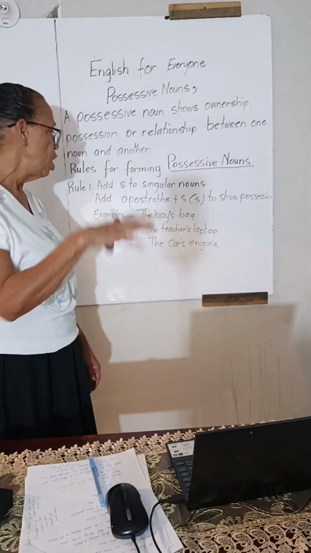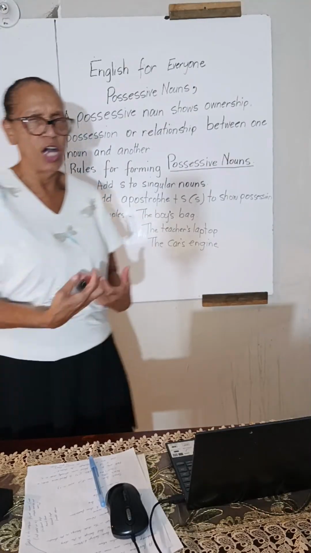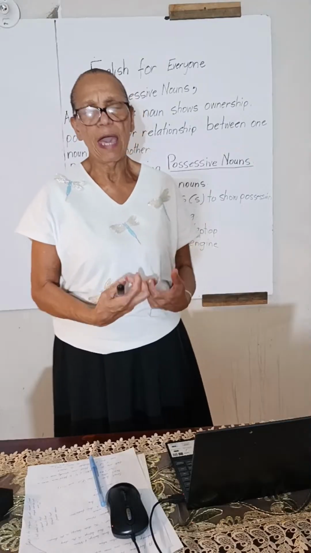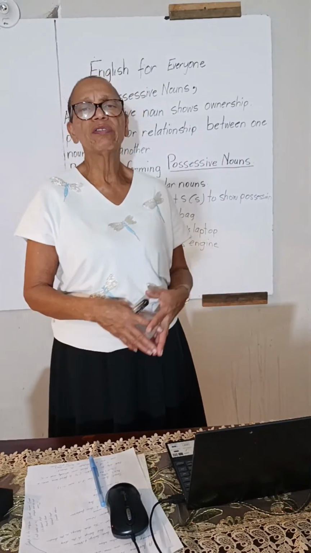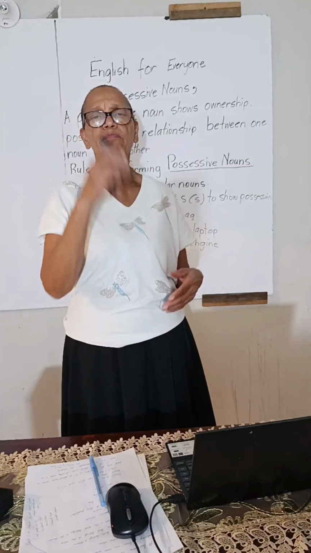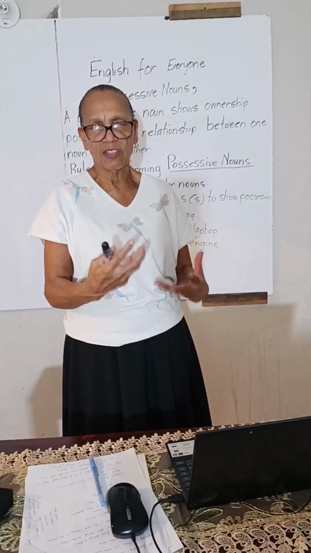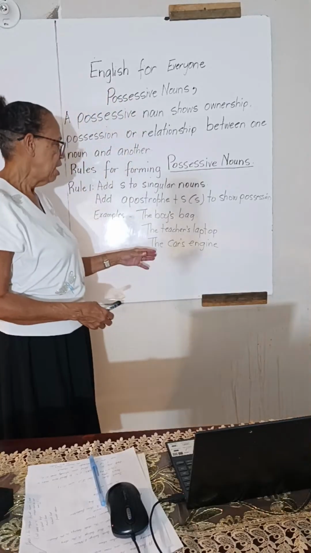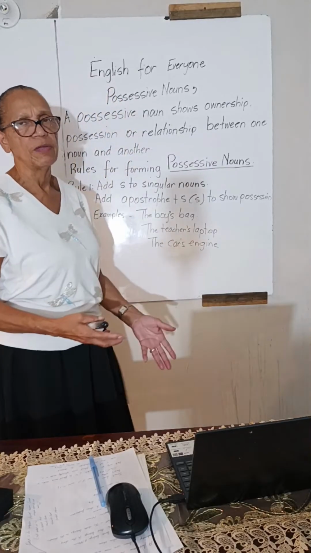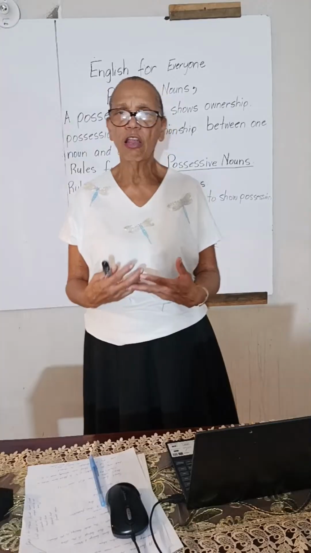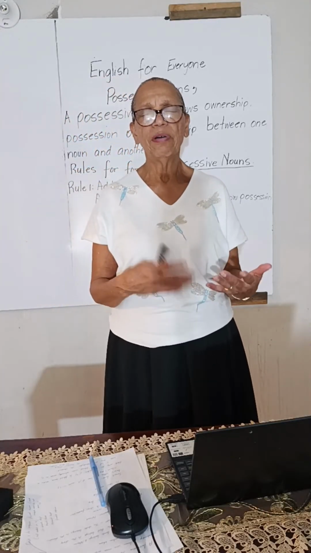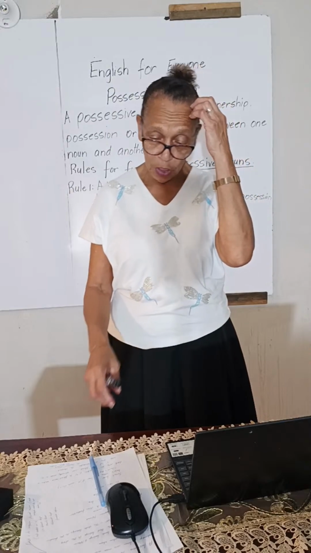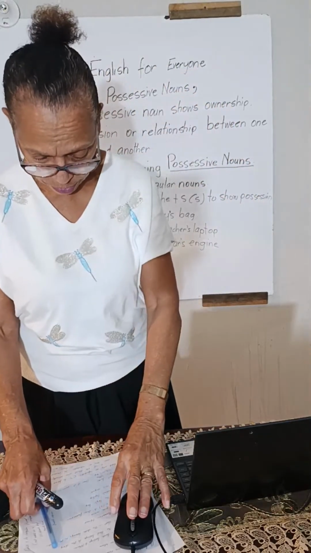The laptop belongs to the person. Whose bag, whose book, whose pencil, whose marker, who it belongs to. The car's engine. So that is singular possession. Now we're going to look at another rule.